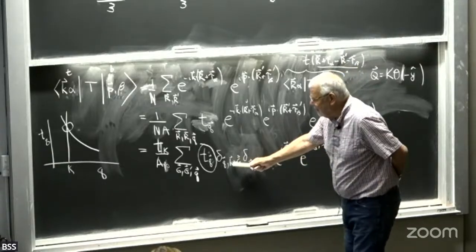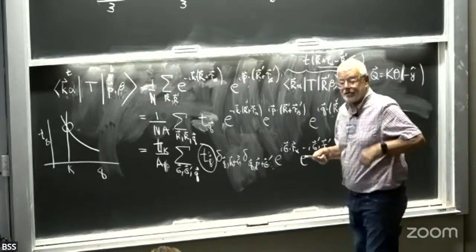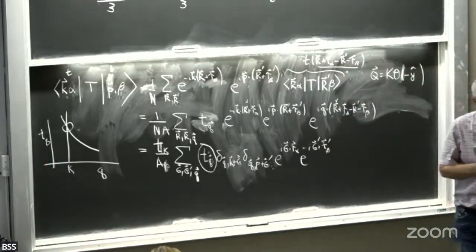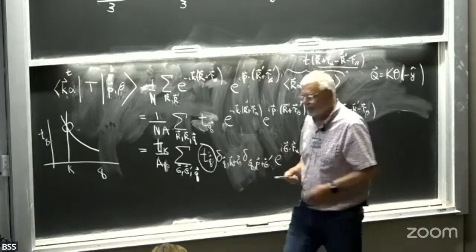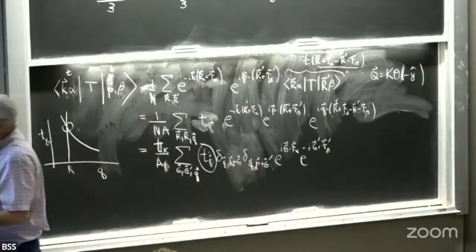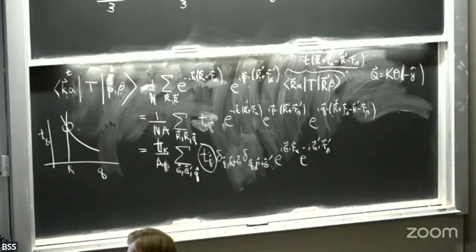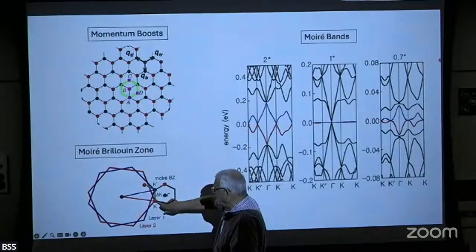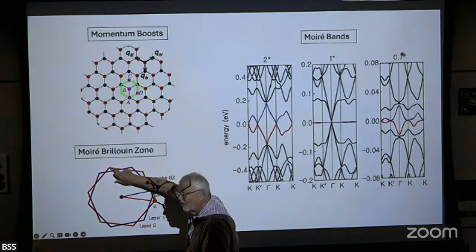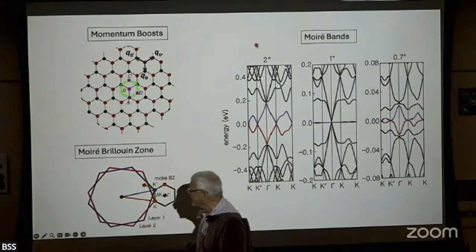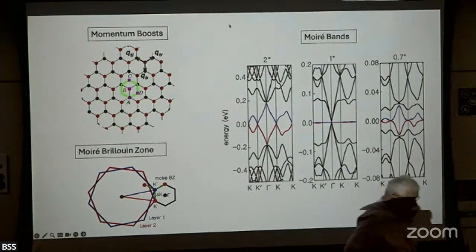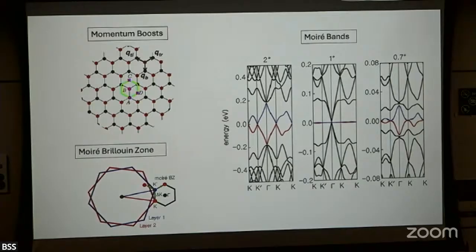But if I start from the Dirac momentum, there are two other G's which give you a Q of the same magnitude. If I go back up here, is it still there? Yeah, so if I go from this red K point and translate by a reciprocal lattice vector over here, the magnitude of this K point and this K point are the same, and the same in the other layer.